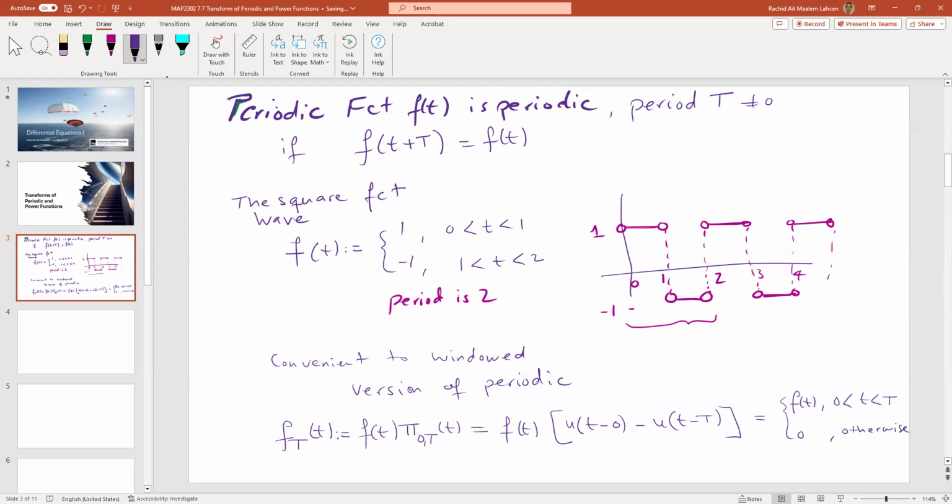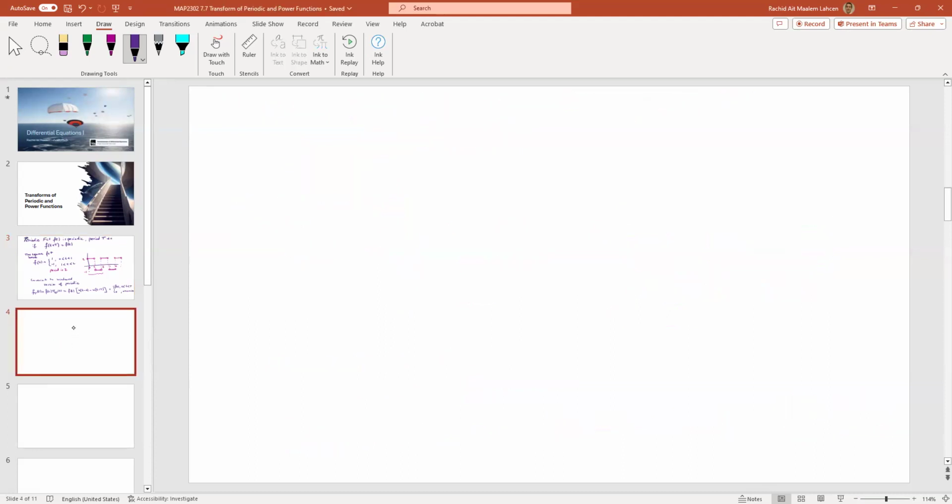So the Laplace transform, and I will show this in the example. This is just to give you an idea of what's going on, so when you work the examples, you know where this thing comes from.